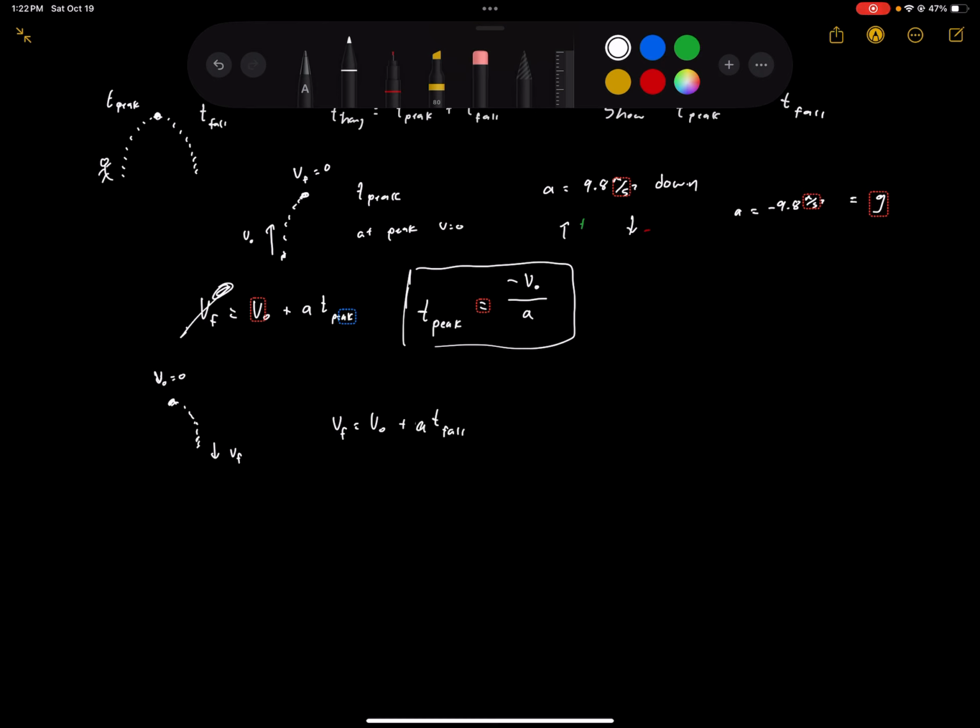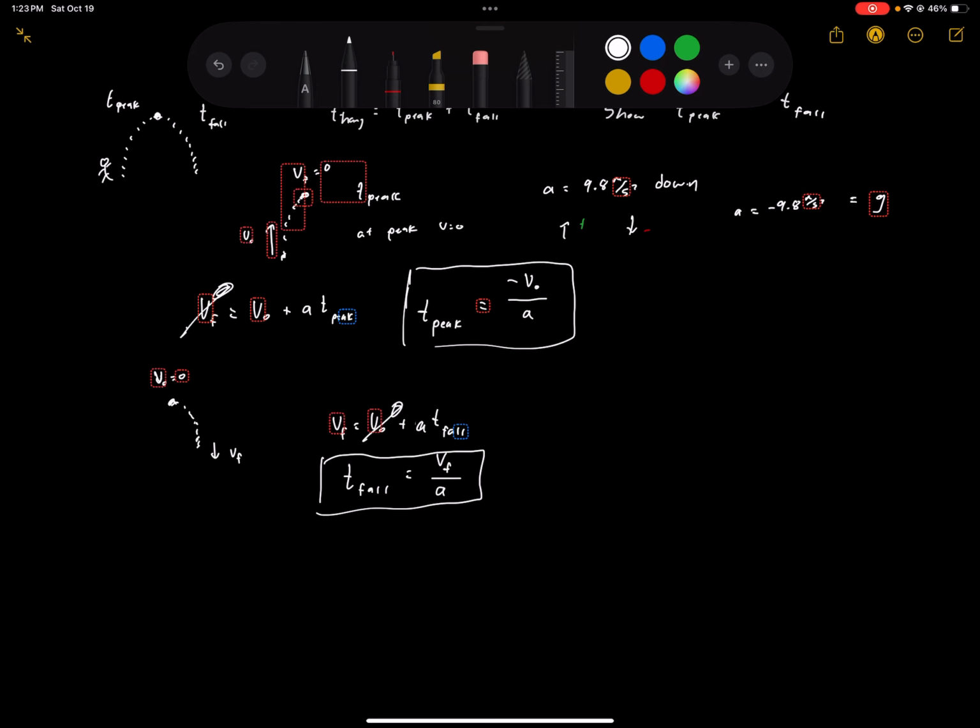In this case, V naught is 0 because we're looking at the second half. At the very top, your velocity is 0. And we have an expression where T fall is equal to VF divided by A. So I have these two expressions: VF divided by A for T fall, and negative V naught divided by A for T peak.